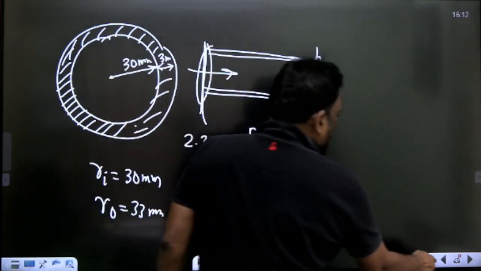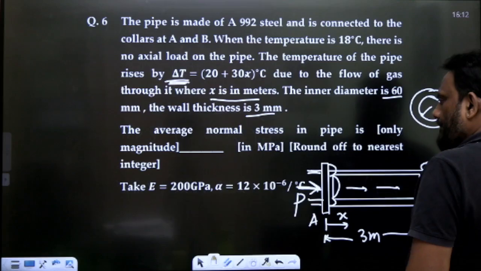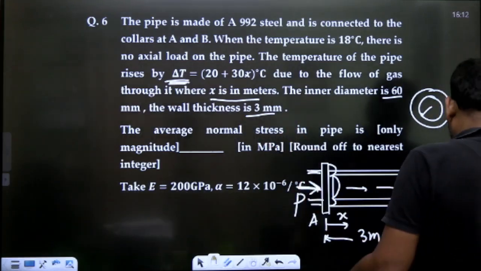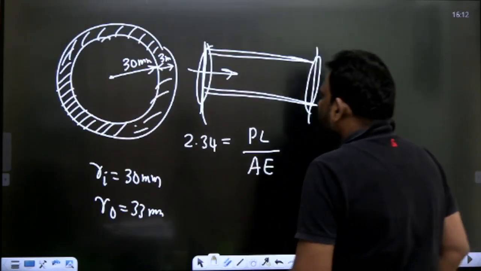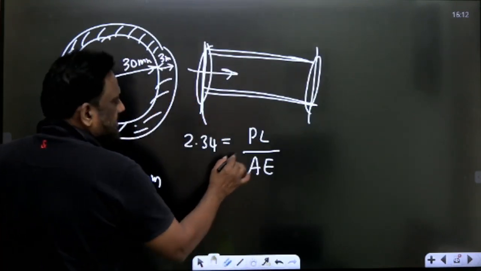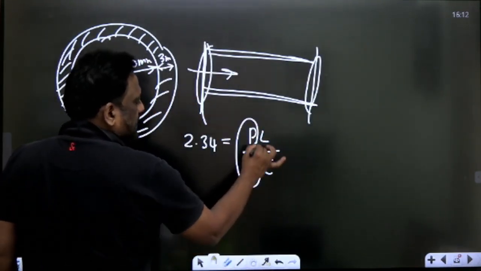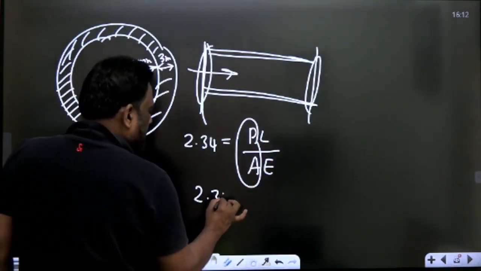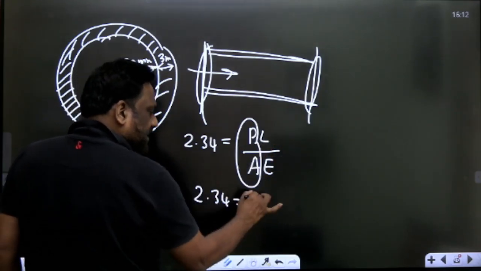What is he asking, stress or load? Stress is asked, so there is no need of any area. Can I write this as P by A as sigma? Yes, 2.34 is equal to sigma L by E.